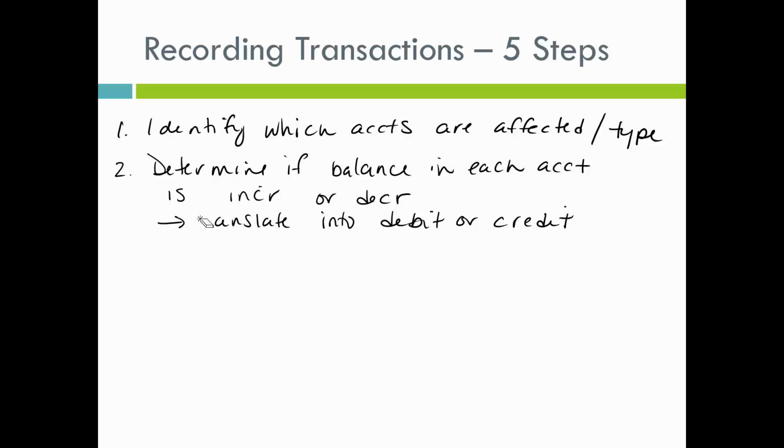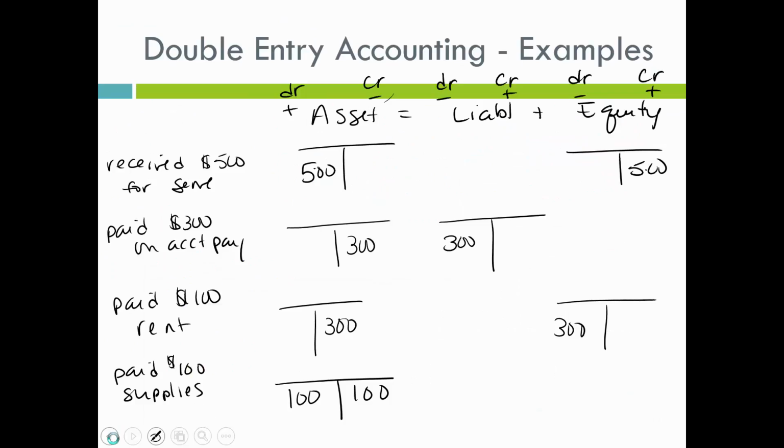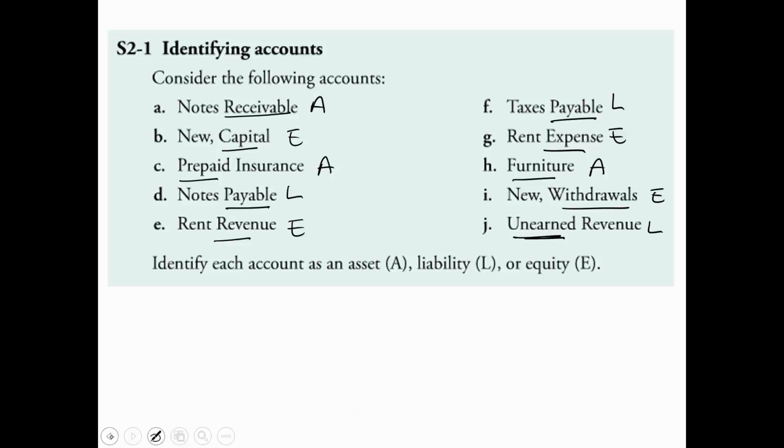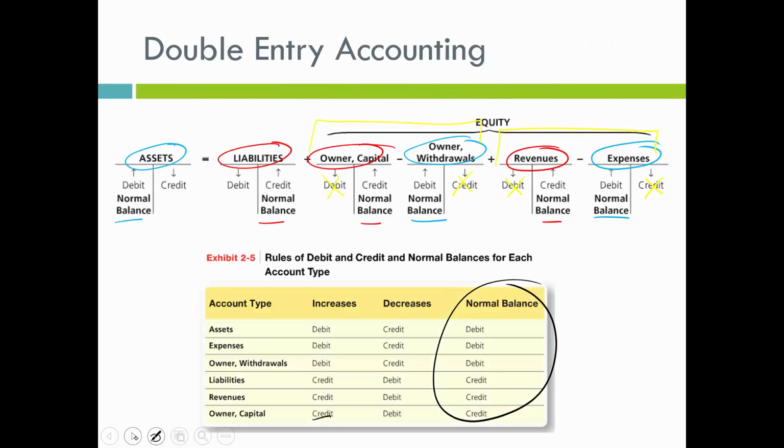And remember, at first this might be a little bit slow, but if we go back to this one, either of these, either the accounting equation or the chart. As long as you've identified which account it is and what type it is, once you know whether it's increasing or decreasing, you go to the chart to see whether that's a debit or a credit.